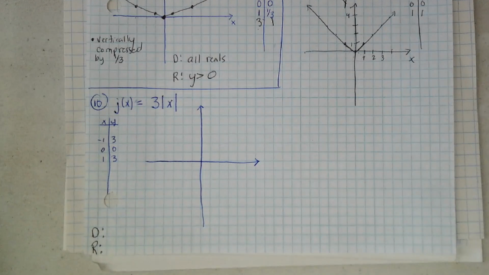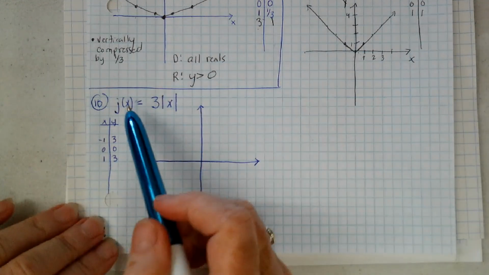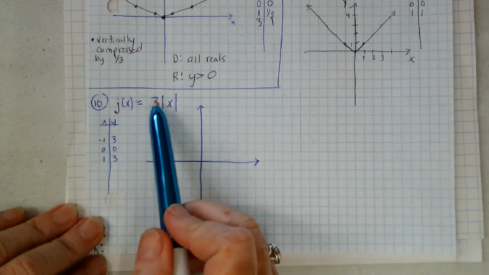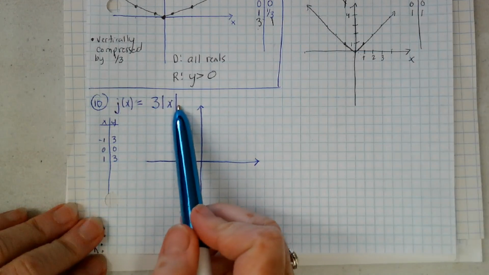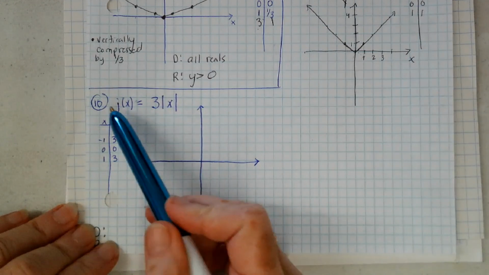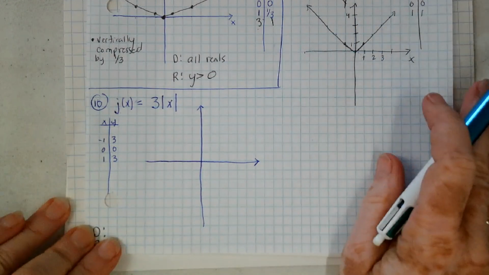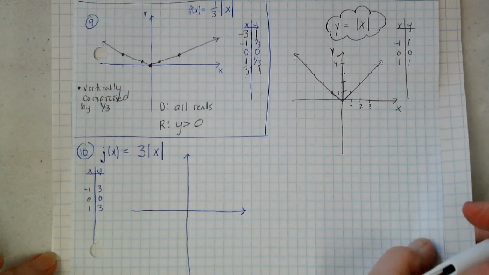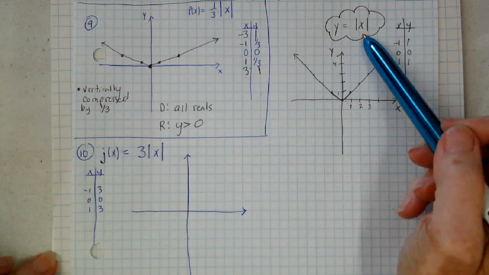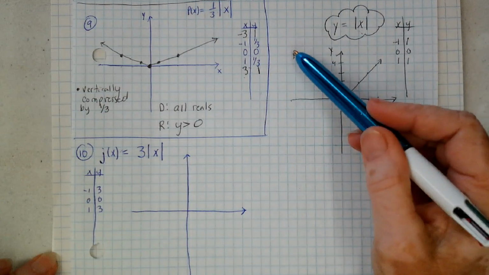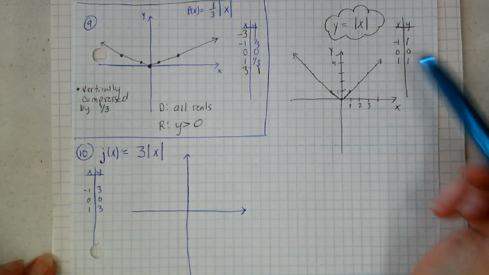So first we'll start with the graph. We're supposed to graph the function g of x equals 3 times absolute value x. I usually just make a table. I know absolute value looks like a V shape because that's the parent function, and I've memorized that.